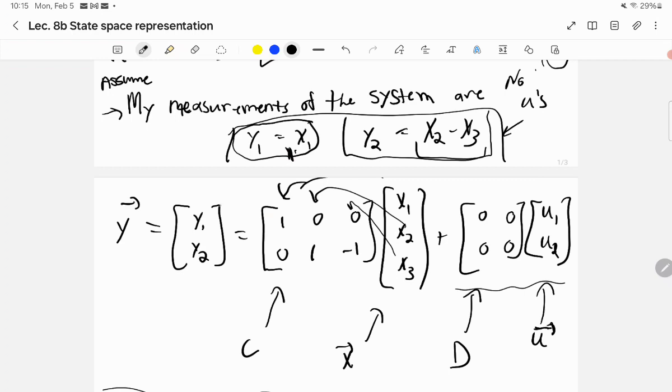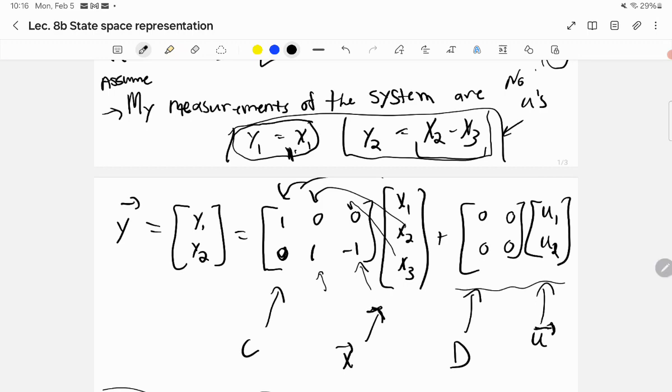So when I multiply this out, I get x1. My y2 doesn't have anything to do with x1 because of this 0 here. So my y2 ends up having x2 right there and minus x3, which is exactly what I wanted, right? So you should get comfortable with this matrix multiplication that we're doing here.